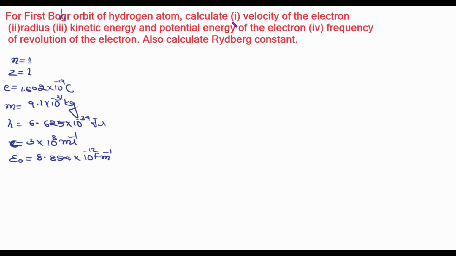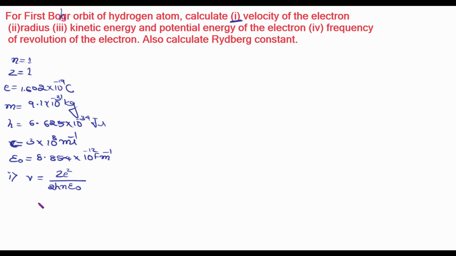Now let's begin by calculating the velocity of electron. So the first question, orbital velocity. We have found out the expression, and it is given by Z e square divided by 2 h n epsilon naught.